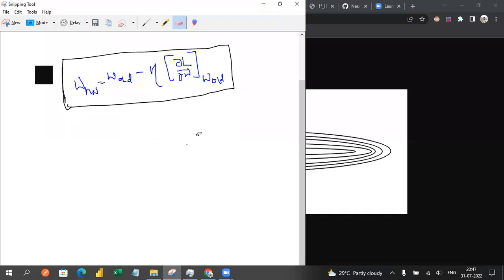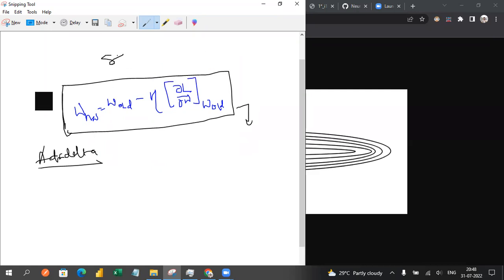So let's jump onto the other algorithm called Adadelta. Adadelta is a slight extension of what we learned up to momentum, SGD with momentum.